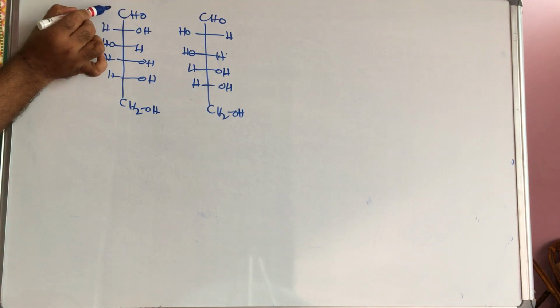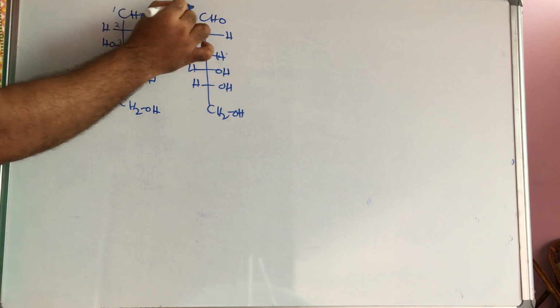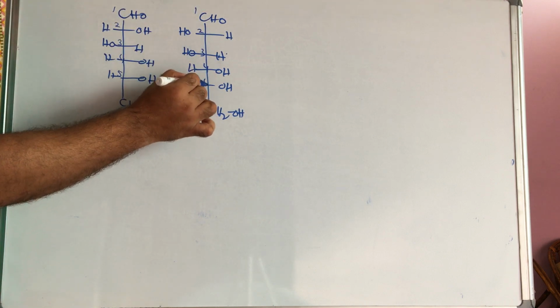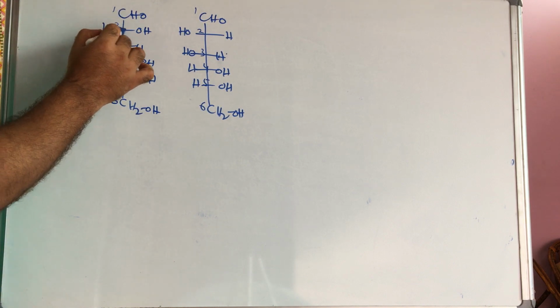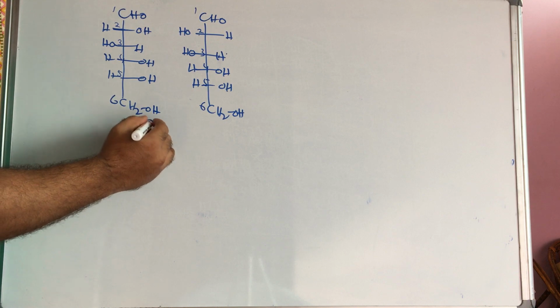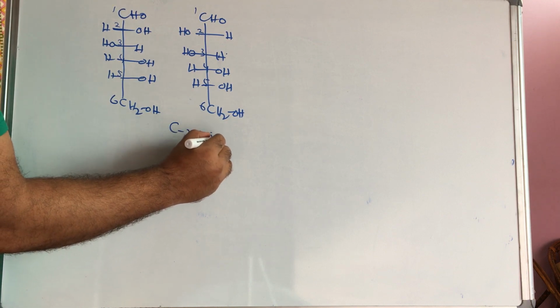Give the numbering according to IUPAC: 1, 2, 3, 4, 5, 6. The configuration here is on the right side, here on the left side. That's why glucose and mannose are C2 epimers.